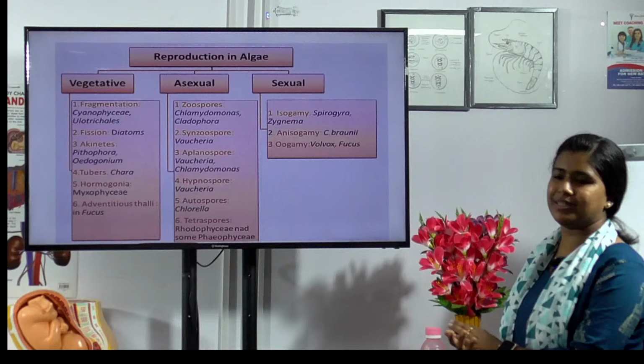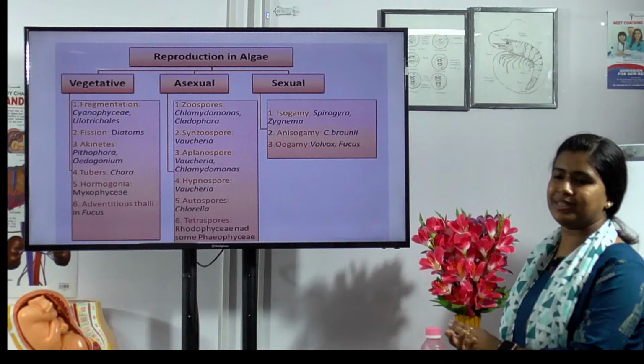Now let us see the economic importance. Nitrogen fixation, and they bind soil. Basically they are food for animals.